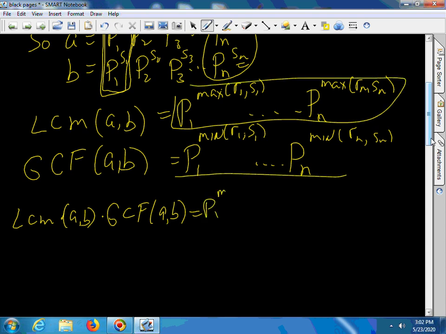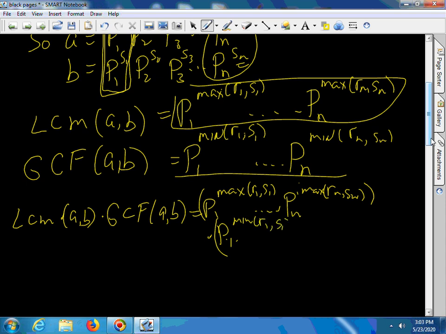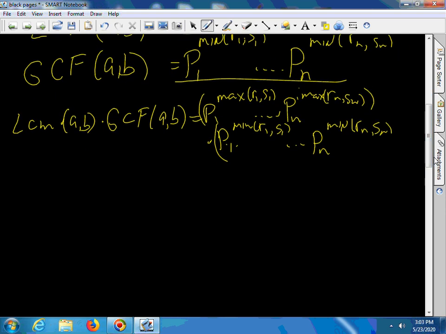So you're going to get P1 to the max of R1, S1, all the way down to P sub n to the max of Rn, Sn, times the GCF, which is P1 to the min of R1, S1, all the way down to P sub n to the min of Rn, Sn. Now, when you multiply and you have like bases, you can add the powers.